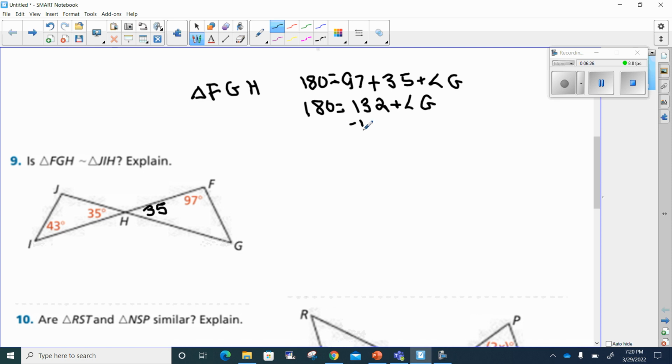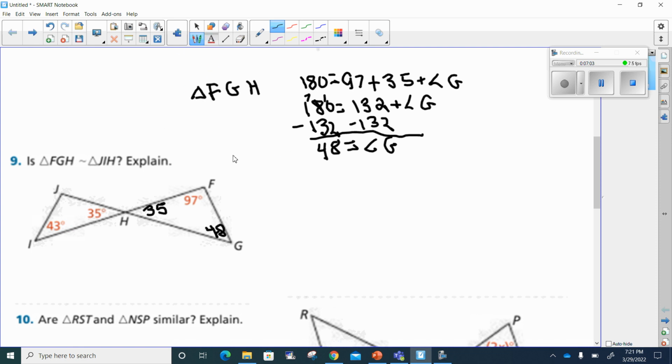We will subtract 132 from both sides to isolate the variable angle G. So I know angle G is equal to, well, to borrow one again, and that's a 10, so 10 minus 2 is 8, 7 minus 3 is 4, so angle G must be 48. Right off the bat, since neither one of these angles equal 43, no, it is not similar.